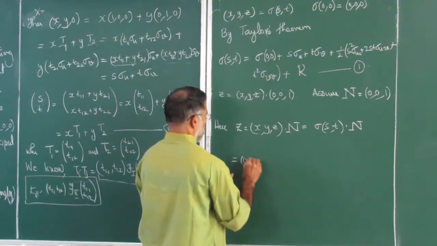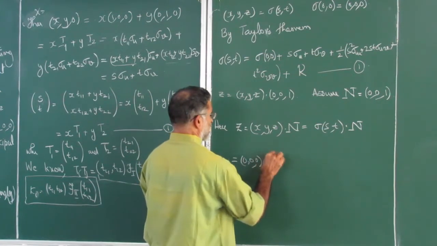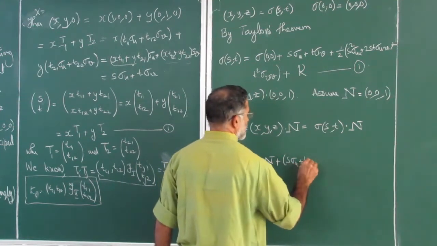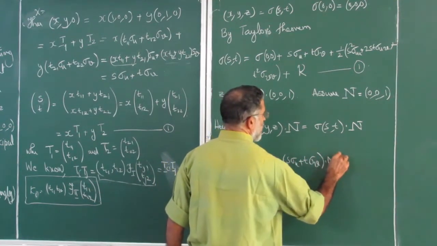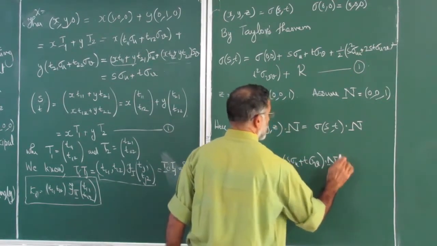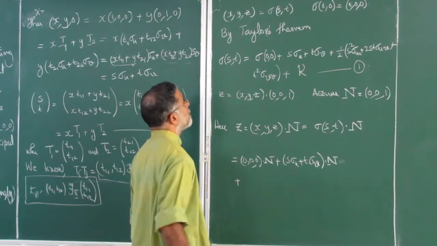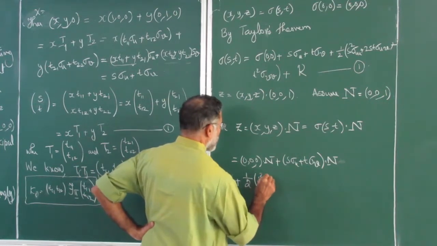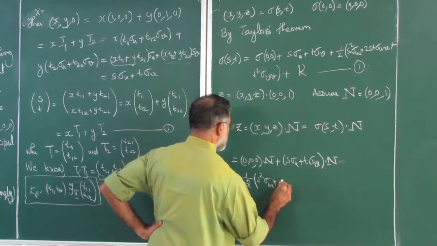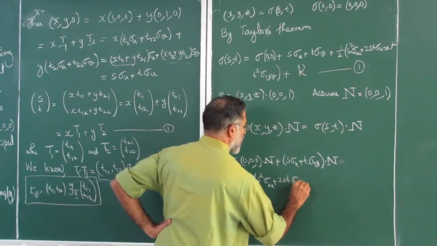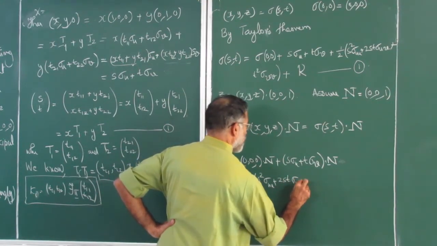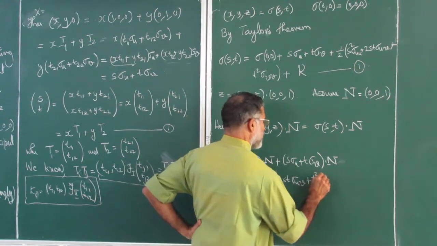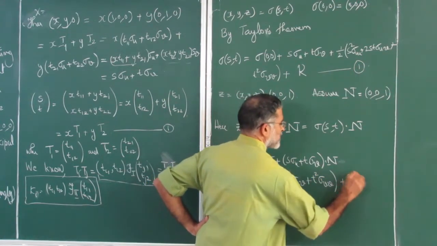So 0, 0, 0 dot the normal, that is 0, plus this guy S sigma u plus T sigma v dot the normal, plus, I don't have space there, so I will write here, plus the second degree terms, half S square sigma uu plus 2 ST sigma uv, sigma uv is the same as sigma vu, plus T square sigma vv plus r dot n.